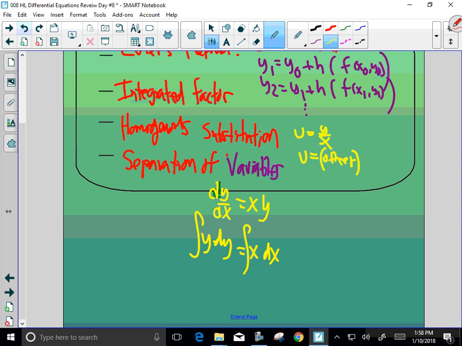All right, and then the last one, integrating factor, there's three formulas you need to know for this. And I'm going to write them down here. The first formula is the form it has to take: dy/dx plus p of x times y equals q of x. What that means is you have dy/dx plus something times y equals something not y.